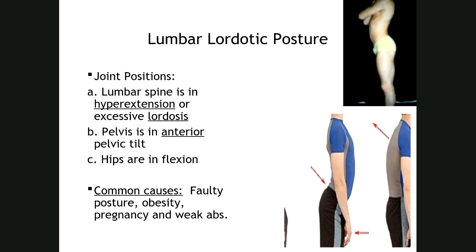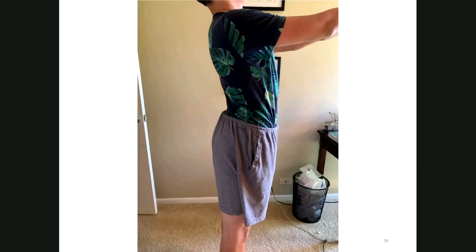So not a very good picture of an anterior pelvic tilt here. He wasn't able to do it, but what do you think here is going to be shortened if he was more into an excessive anterior pelvic tilt? So what muscles are coming together or shortening?